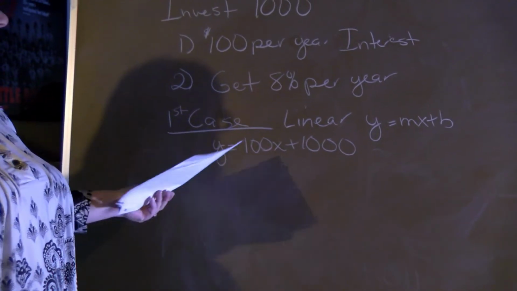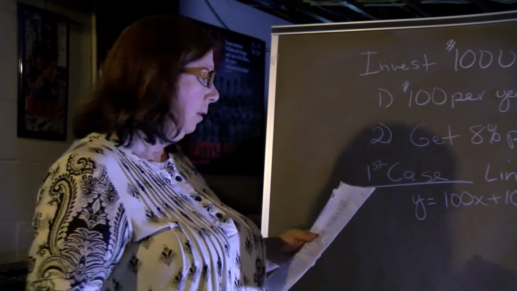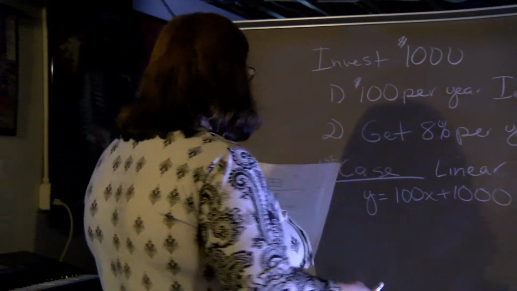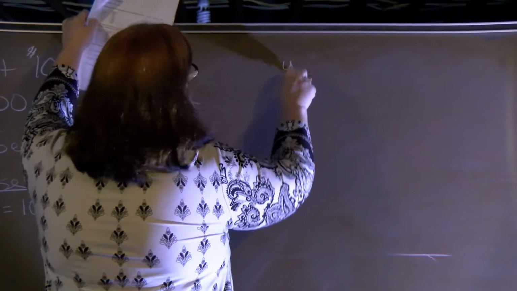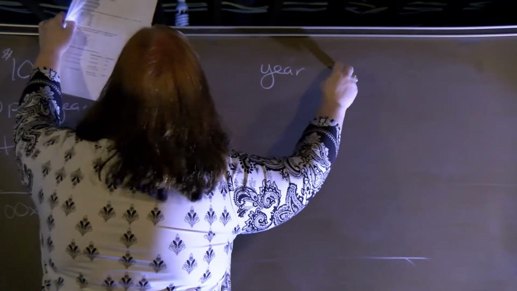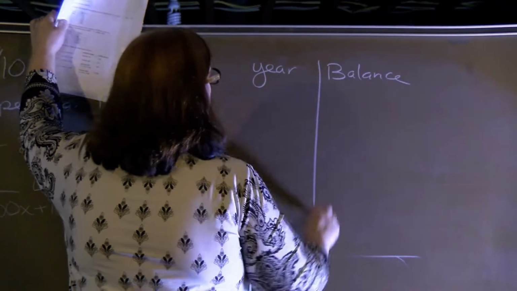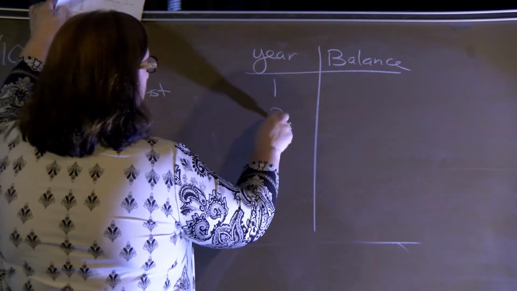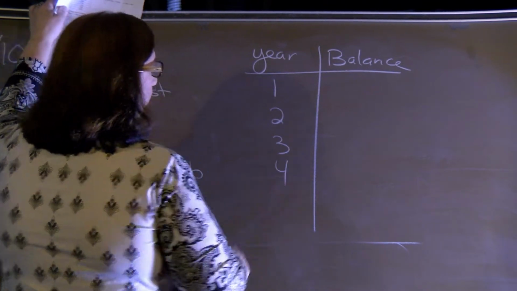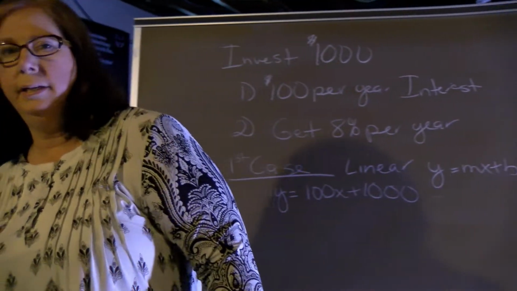So we could find out how much is in there at any time just by plugging in. But let's look at it as if we were using our Excel file. And we're going to look at the first 4 years and see how much is in the account.